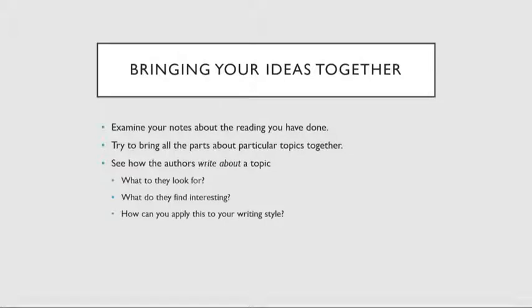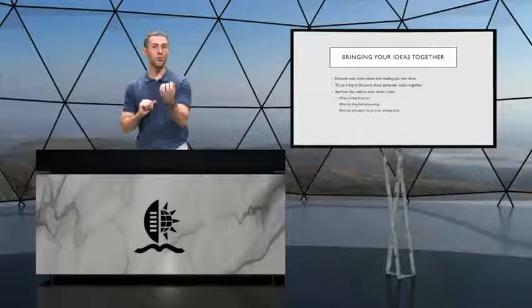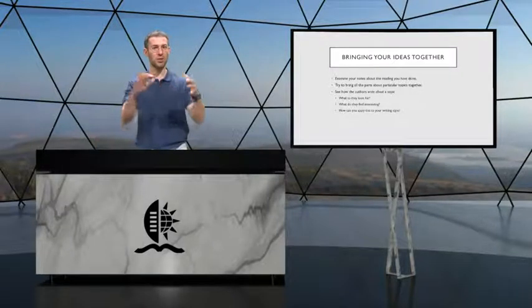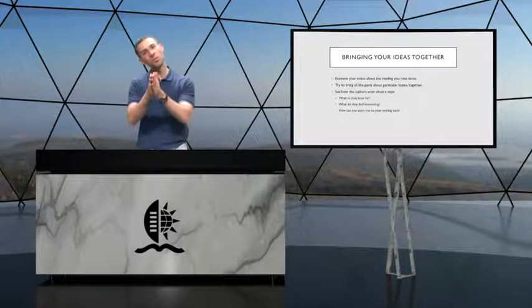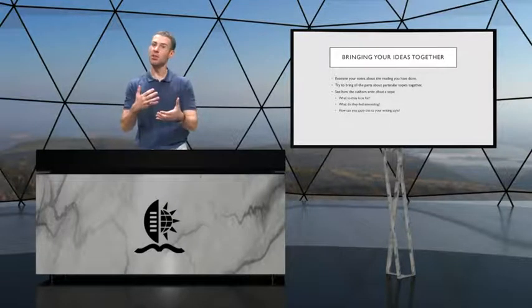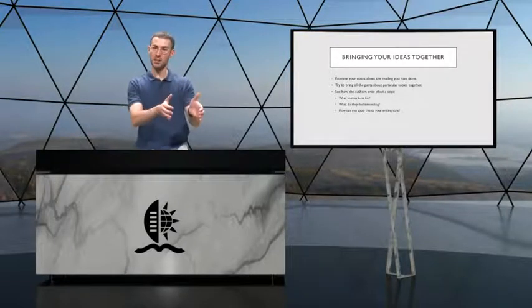So if you've been reading about world music, like that article that we've just been reading about, all the sections that are about those people who were acting out of fear that their culture might be diminished because of homogenization, if you bring all of the stuff that you've read about those people who act out of fear together, you can write a paragraph about those who act out of fear.